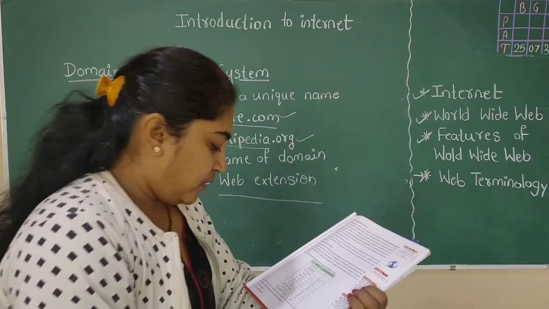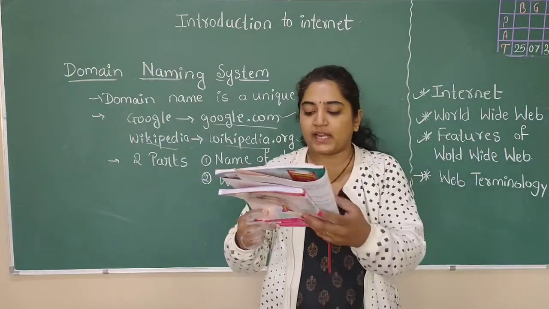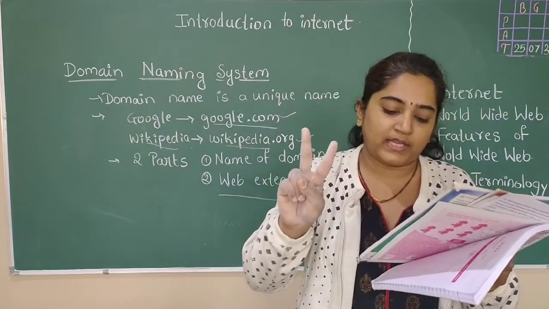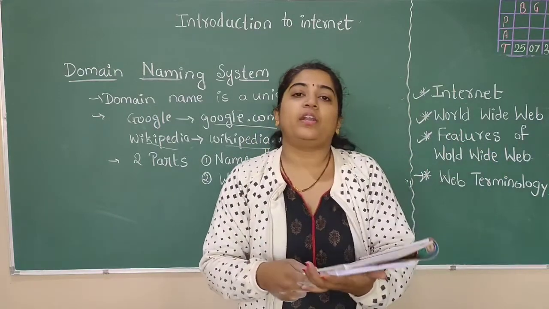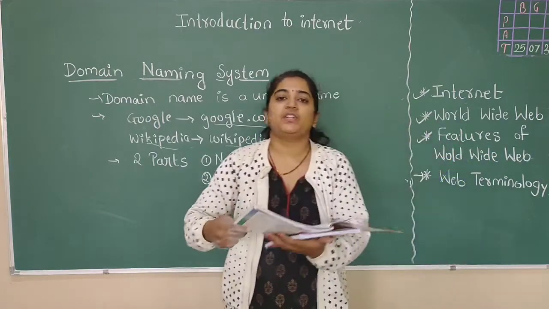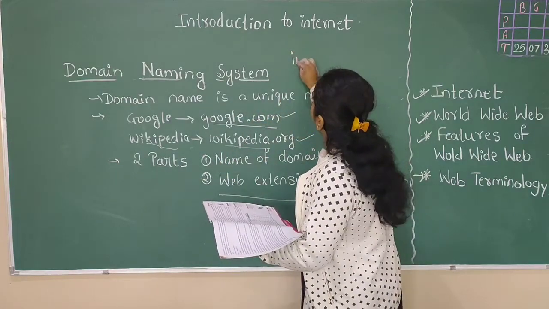So the DNS also uses a country code to specify the country by using 2 letters in its extension. Some examples: for India, which extension will we use? .in for India.